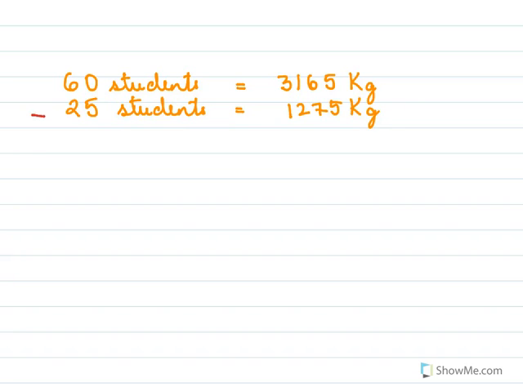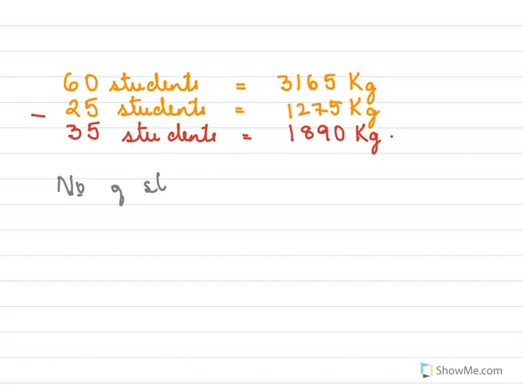Now if we subtract this, 60 minus 25, we will get 35 students, right? So for 35 students, if we subtract this too, we get 1890 kgs. So let's find the mean of 35 students.